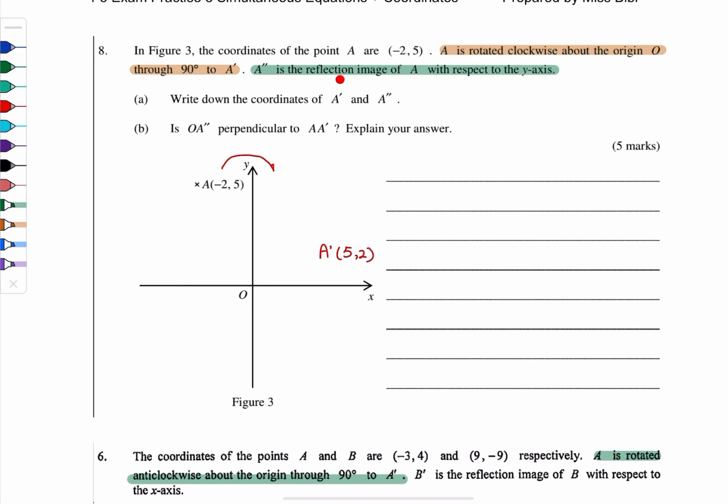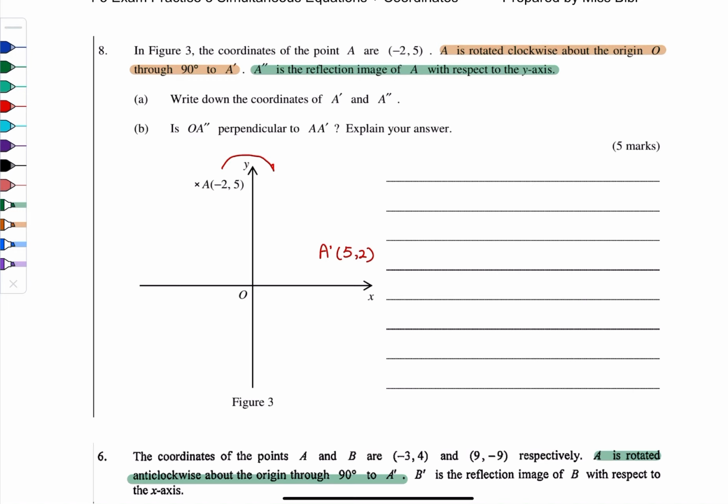Now what happens to the next thing? A2 is the reflection image of A with respect to the Y-axis. Where do you see your reflection? You will see a reflection in something like a mirror, phone screens, right? Would your size suddenly change in the reflection? No, it's just you in the other space, maybe like another universe.